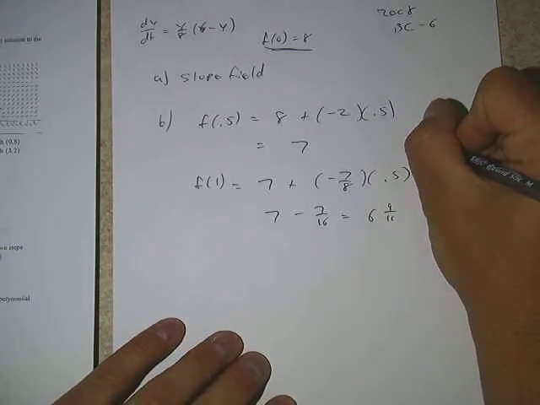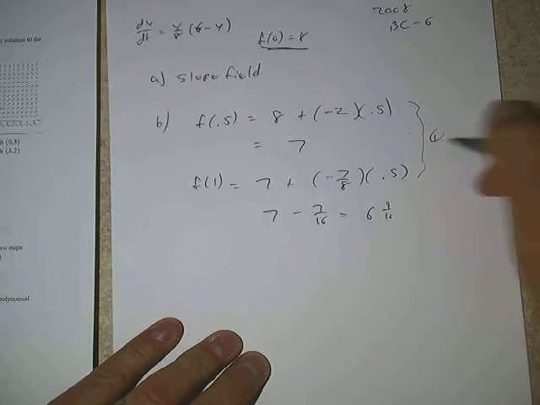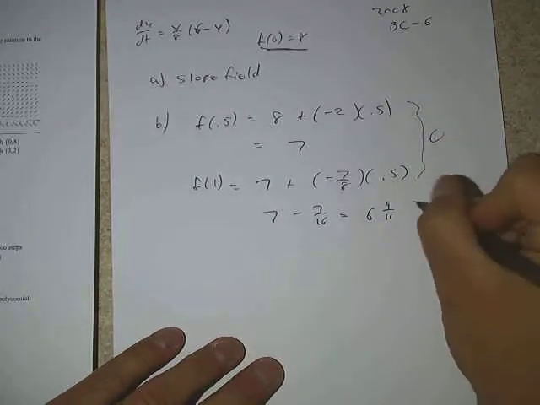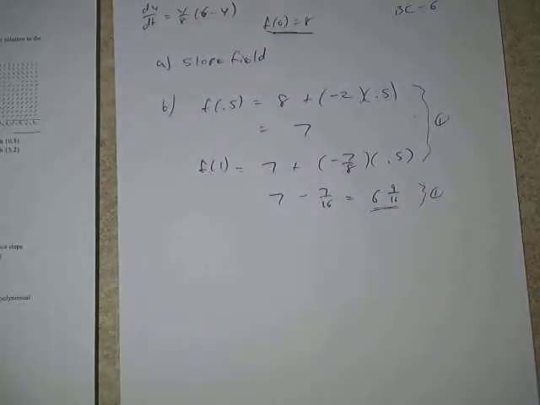So if I put my y of 7 in there, I get 7/8 times (6 minus 7), so it'll be negative 7/8. Ultimately that's 7 minus 7/16, which is half times 7/8. If I do the math, we get 6 and 9/16.